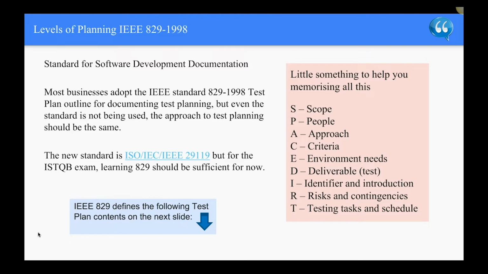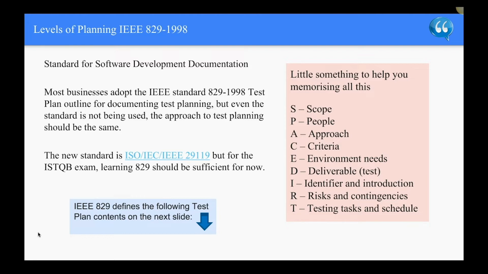So in the next slide, I'm going to be showing you the test plan contents. But before I move on, here's something to help you memorize the table I use to go through the plan. I got this from a well experienced guy, like 20 years in testing.